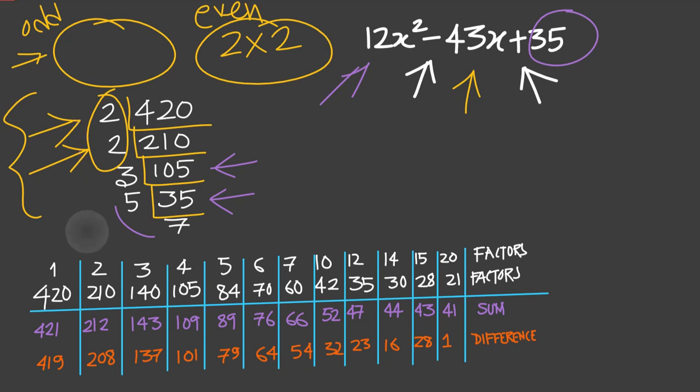Hence you have to take a number which is not 3, and out of 5 and 7 only one number you have to choose.